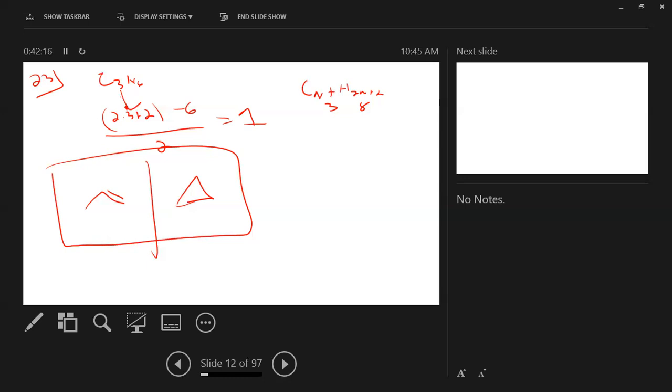All right, the last question of this homework set. Here it is, this is question 24. It says calculate the unsaturation number for each compound.